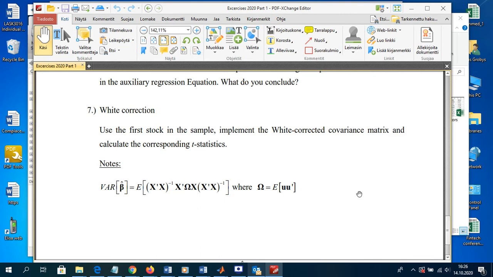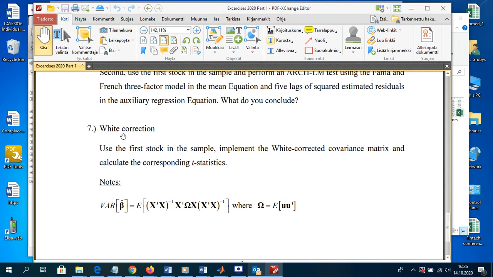At least, this is all based upon asymptotic theory, but that's good enough for us for this purpose. So now the seventh task is implementing the White correction. Again, use the first stock in the sample, implement the White corrected covariance matrix, and calculate the corresponding t-statistics.